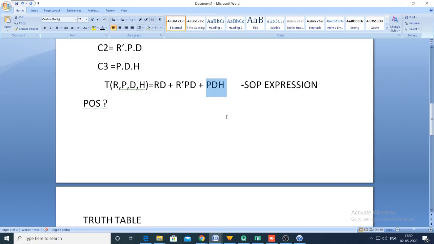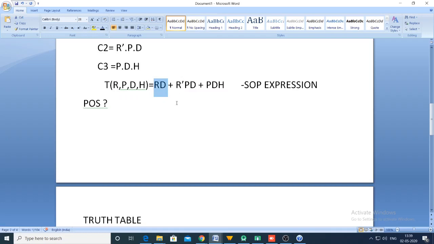A min term is one that most of the time gives 0, but in this combination it will give output 1. Rest all possible combinations will give 0. So this sum of product expression has 3 terms, and only for those 3 respective term combinations will it give output 1. Other combinations will not give output 1.